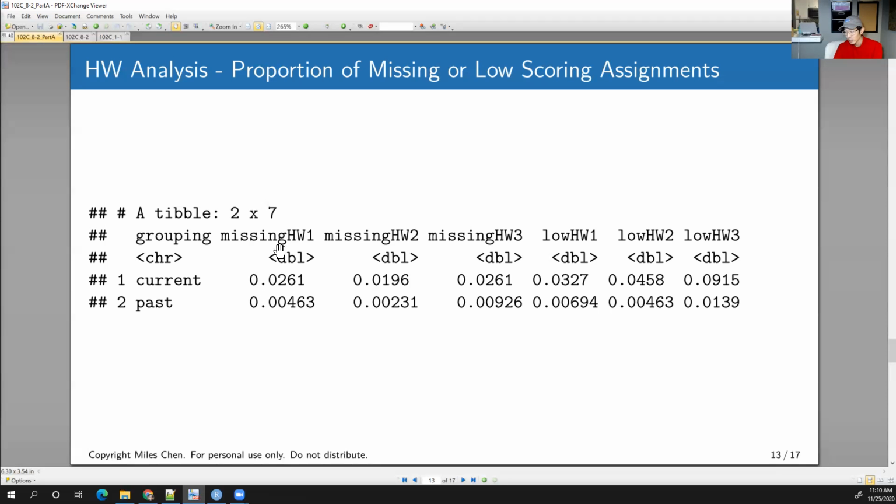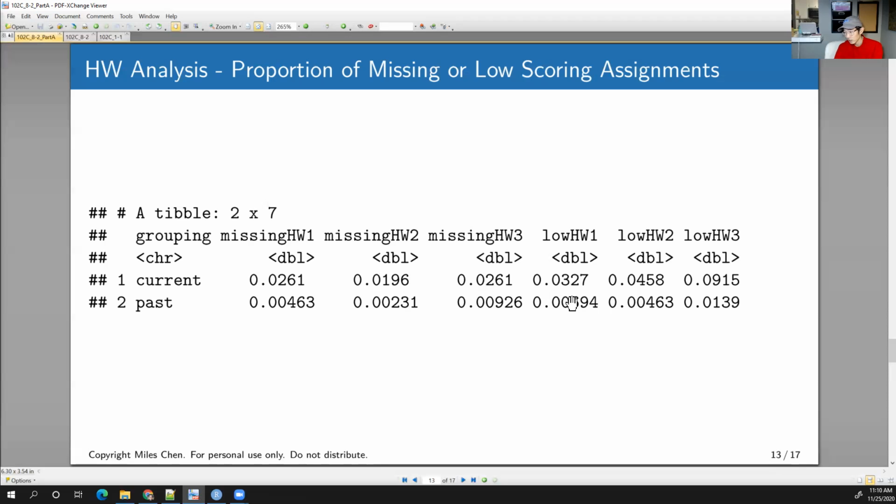But if you look at this year, I have almost 3%, 2.6% missing homework 1. Missing homework 2, around 0.2 of a percentage point were missing homework 2, and this year we have around 2% of people missing homework 2. Homework 3, we have around 1% missing homework 3 in previous years, and this year close to 3%, 2.6%.